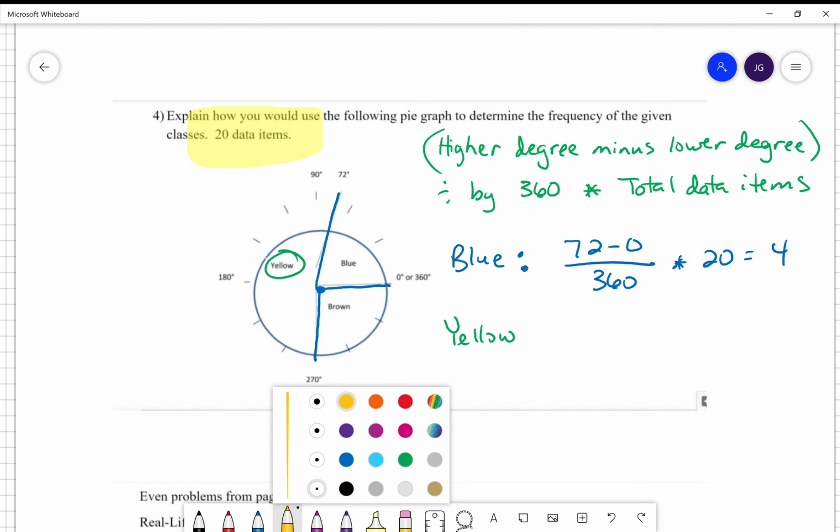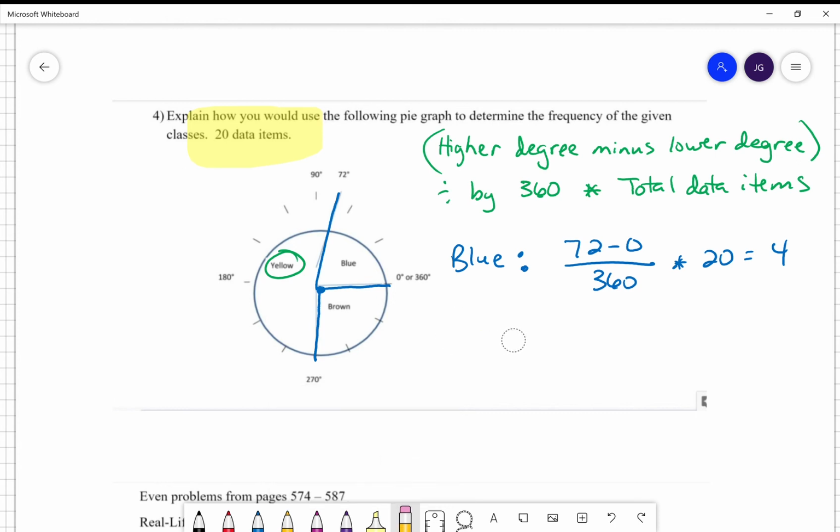Let's go here. So yellow would be 270 minus 72 divided by 360 times 20. Would be 11.